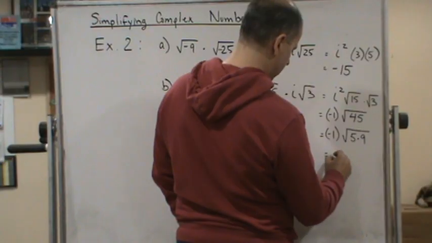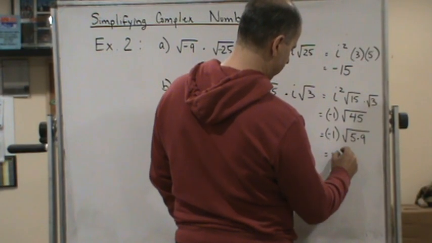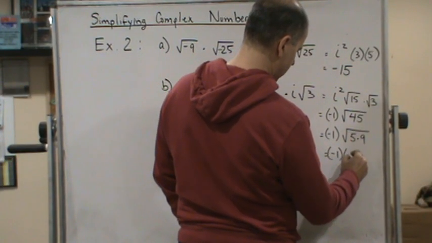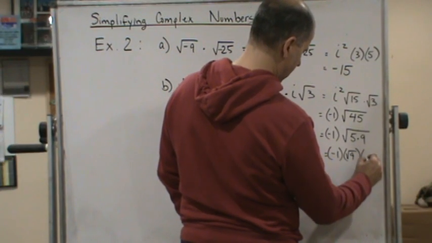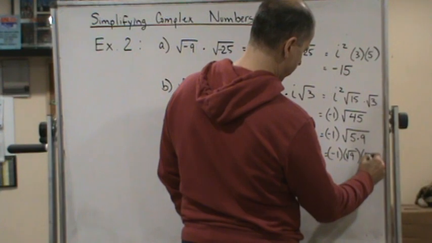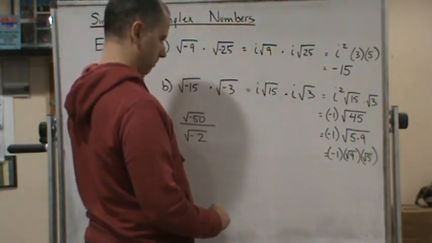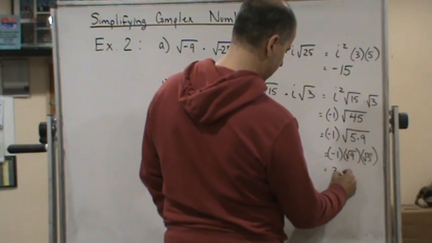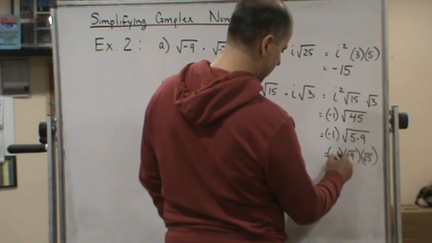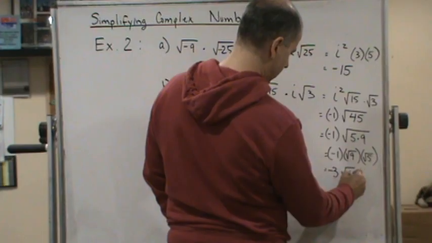Which gives me -1 times root 9 times root 5. And this gives me -3, because this is 3 times -1, root 5.